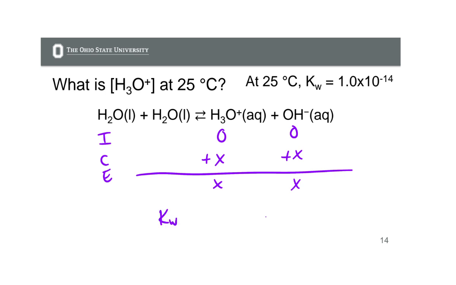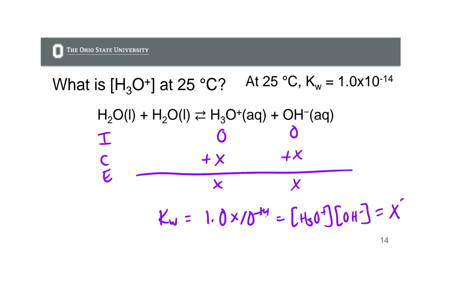So plugging that into our Kw, we'll have 1 times 10 to the minus 14 equals H3O plus times OH minus, which is equal to X squared.